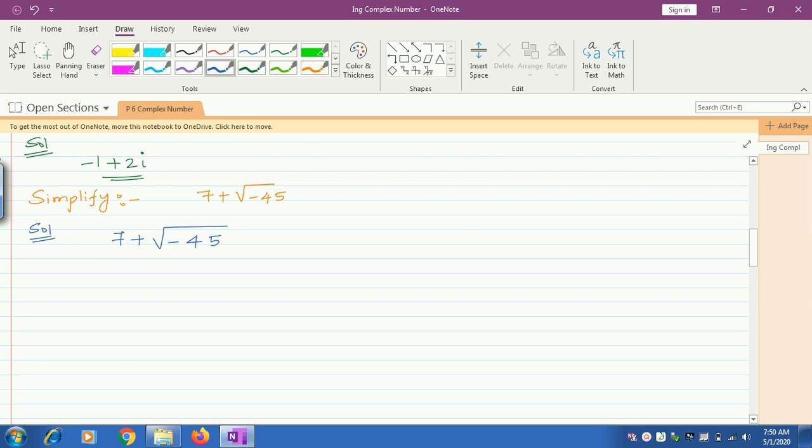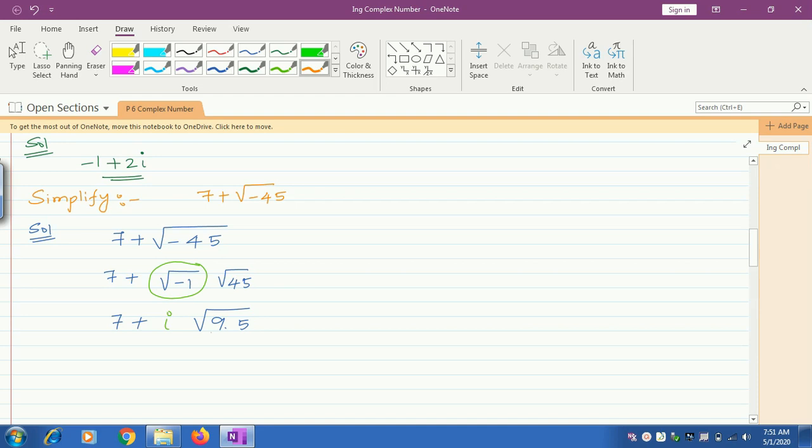I can write this as 7 plus root of minus 1 times root 45. Since the square root of minus 1 is equal to i, this is 7 plus, and 45 I can write as 9 into 5.